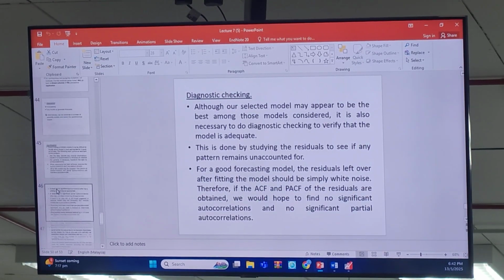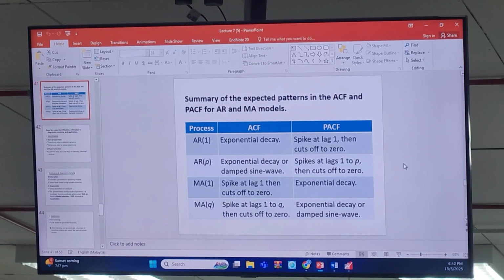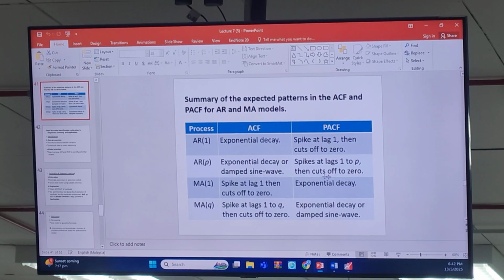This table. So ACF, the one that we see just now, has exponential decay, and then PACF spikes at lags 1 and 2 and then cuts off to 0.